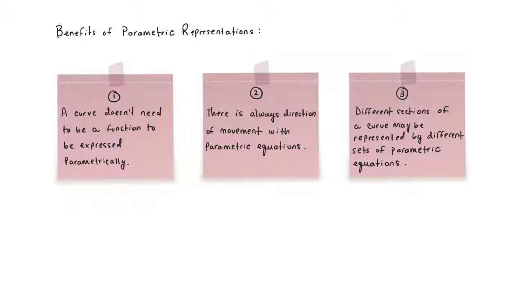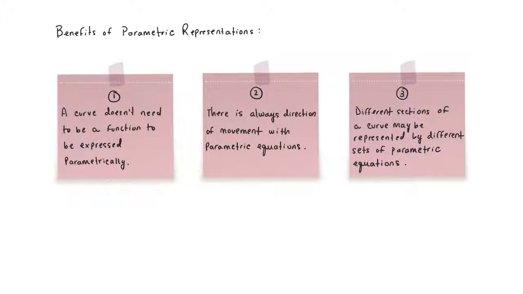Number one is that the curve doesn't have to be a function to be able to be represented parametrically. Number two is that whenever a curve is represented in parametric form, there's always a direction of movement, there's always a flow. We cannot just be jumping around on that curve.